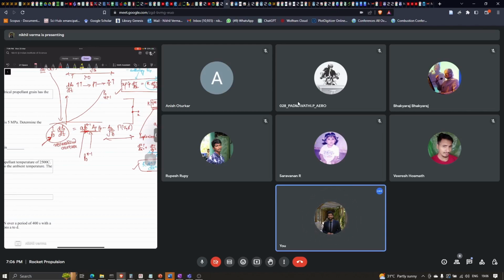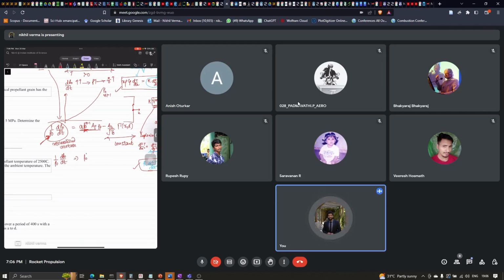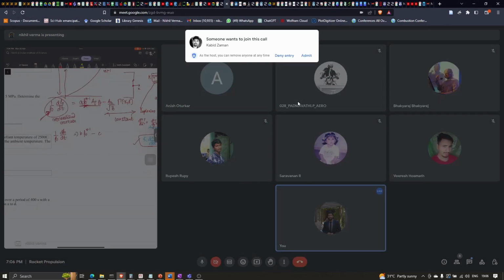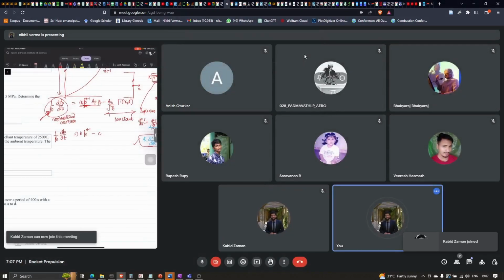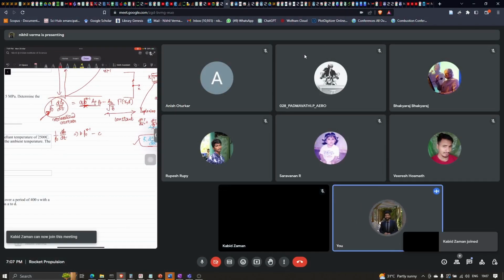Okay, let us try to integrate this, maybe then we'll get the answer. Let us assume this part to be constant: 1 upon p naught, dp naught by dt, is some p naught to the power n minus 1, and let us consider this part as b, this is c. Probably it is not an easy integration.